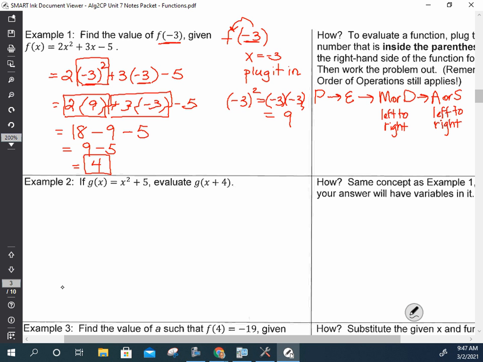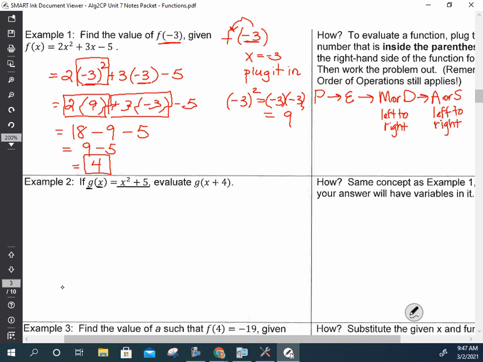If g of x equals x squared plus 5, evaluate g parentheses x plus 4. So remember, g is the name of the function, x is the variable we're supposed to see, and x squared plus 5 is the actual function.